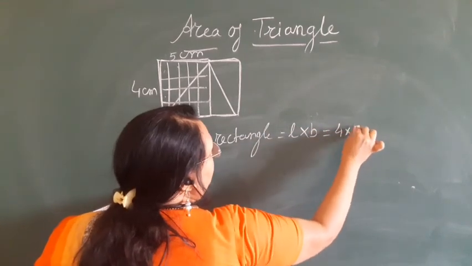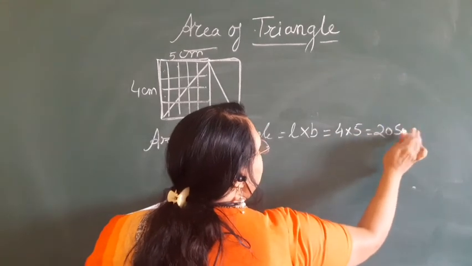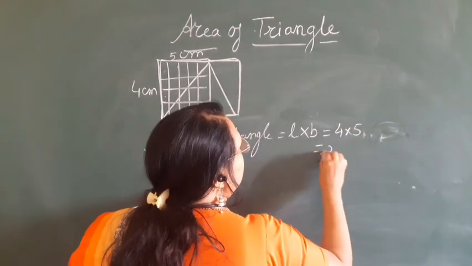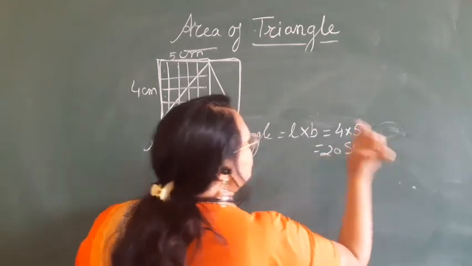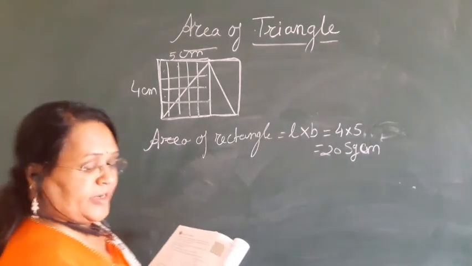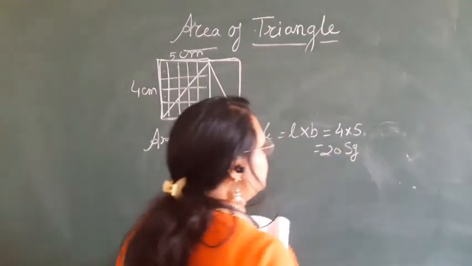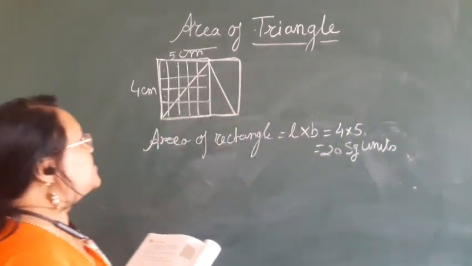So 4 into 5, it is 20 square units. Not centimeter, it is given as units. Then the second is given.